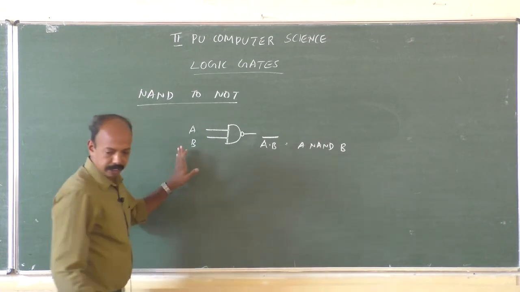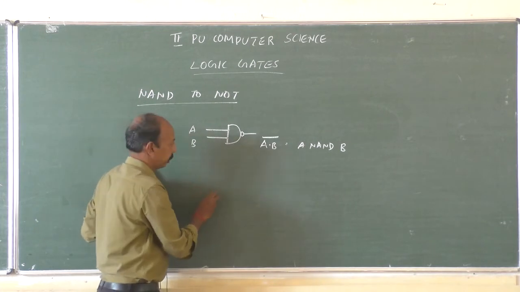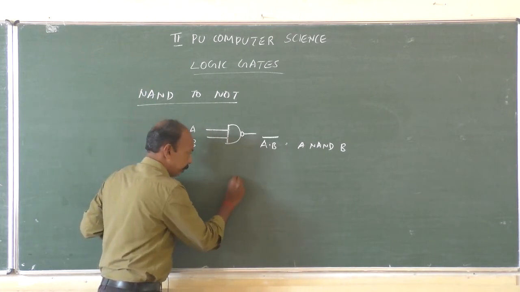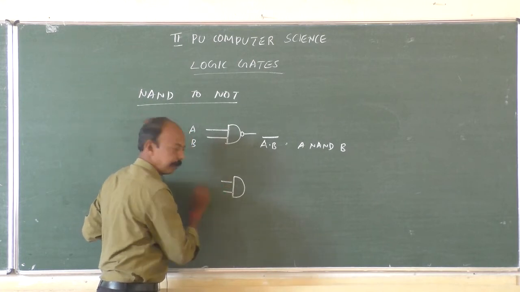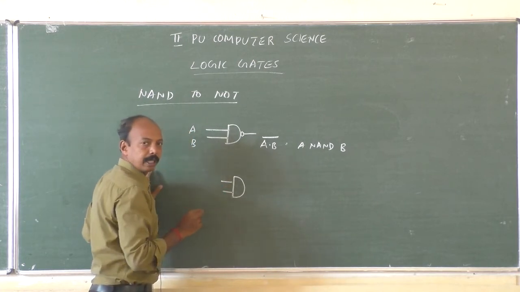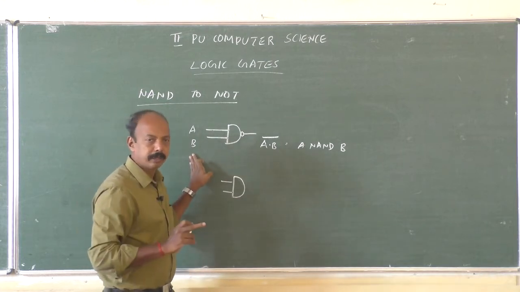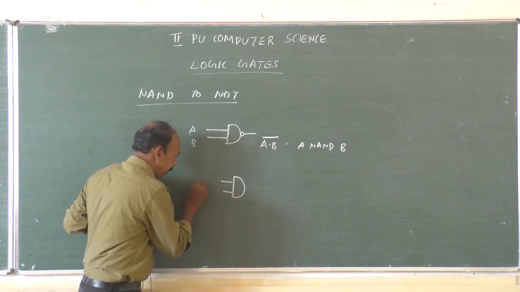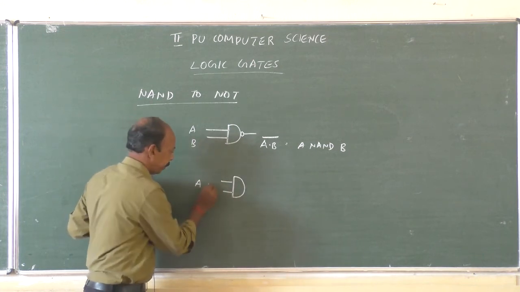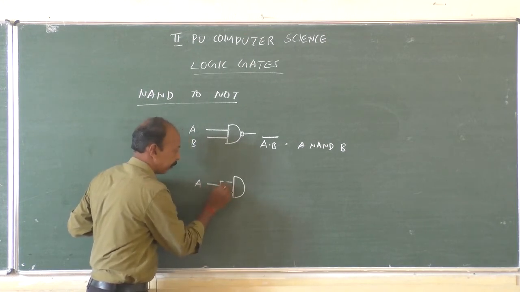So now we shall modify this. Instead of having 2 inputs, of course NAND should have 2 inputs, but NOT can have only one input. What we shall do is, we shall take the input A here, and feed the same input.